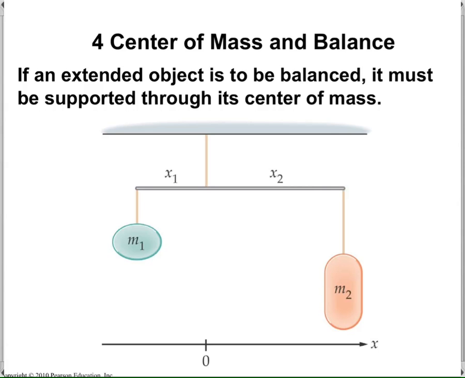Find a place on the rod where, when you hang it at this point, there will be no rotation. Once you find this point, that's the center of mass of the system, in the horizontal direction.